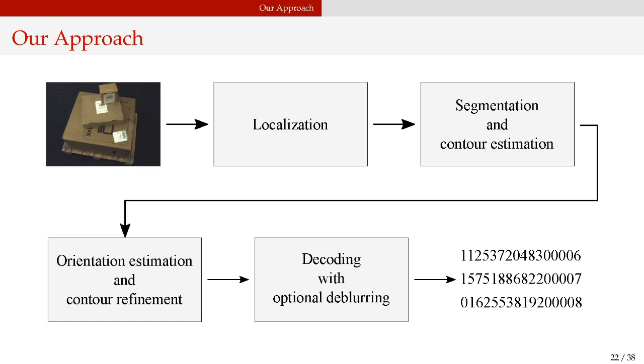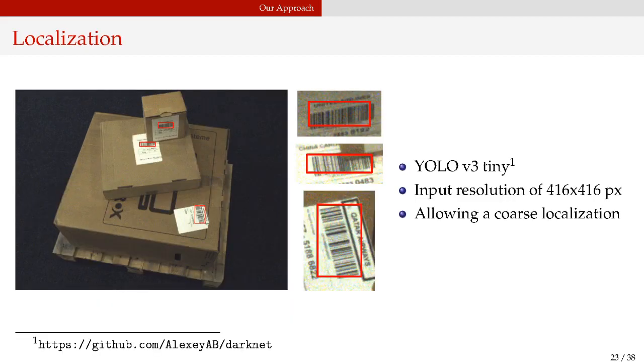Our decoding pipeline can be subdivided into 4 modules, which are localization, segmentation and contour estimation, orientation estimation and contour refinement, and finally decoding with optional deblurring. For the localization, we use the YOLO detector, in version 3 with the tiny one.